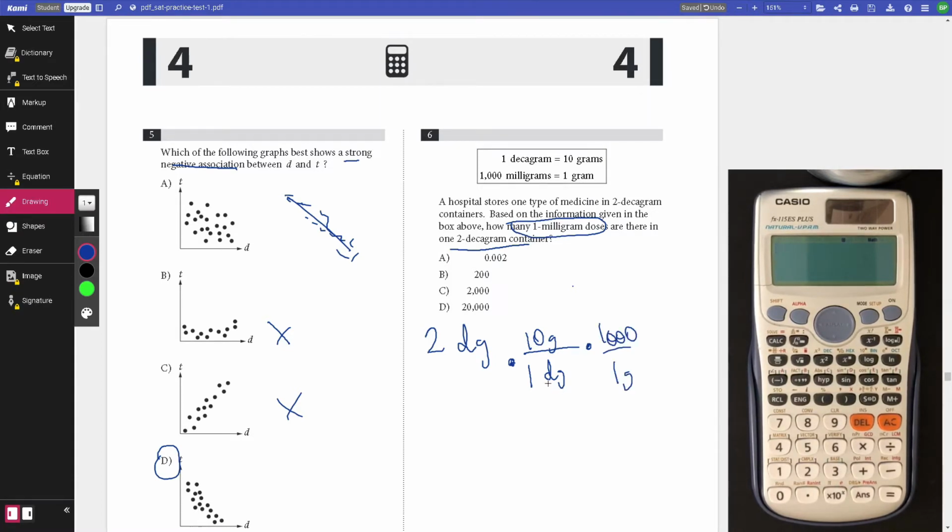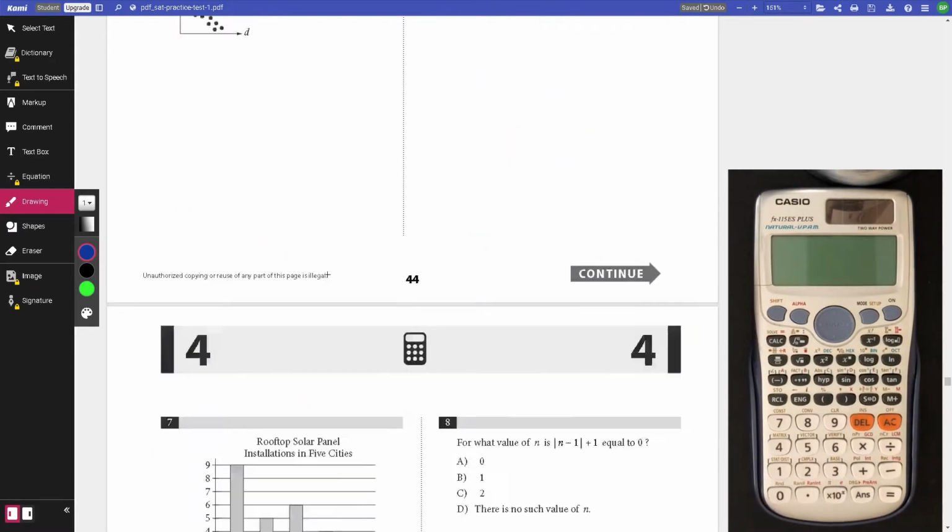So these cancel, and we're left with milligrams. So it's simply 2 times 10 times 1,000, and we can see this has 4 zeros, so it's 20,000.